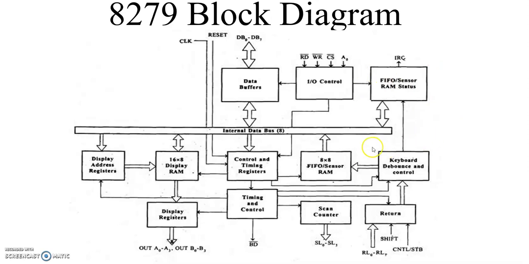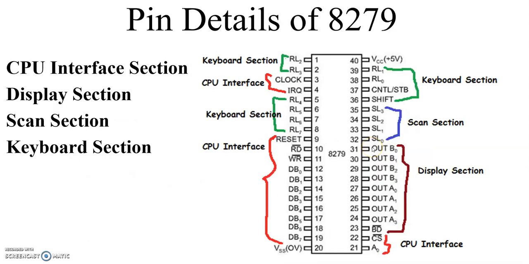So next, these are the pin details of the 8279. This is the signal description of each of the pins of the 8279 as follows. The 8279 pins are divided into 4 sections: the CPU interface section, display section, scan section and keyboard section.